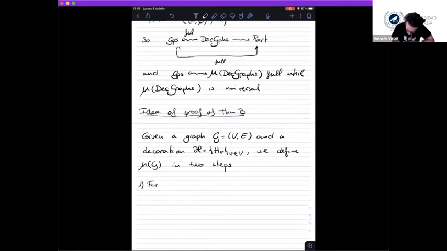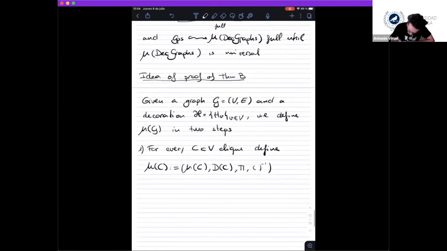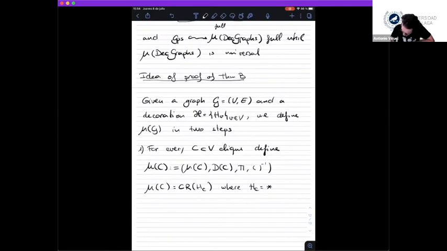For every C inside V, a clique, define M_C to be the cyclically reduced words, taking inverses. M_C is just the cyclically reduced words in the group H_C, where H_C is the free product of every element in the clique of the H. So instead of vertices, we get elements in the groups H_v.